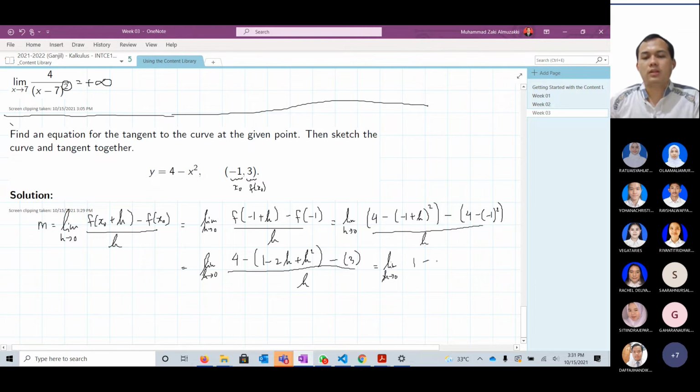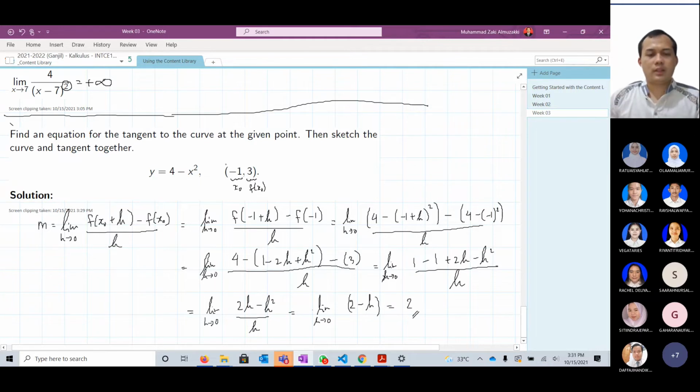So 1 minus 1 plus 2h minus h squared over h, which is limit h goes to 0 of 2h minus h squared over h, which equals limit h goes to 0 of 2 minus h, which is 2.